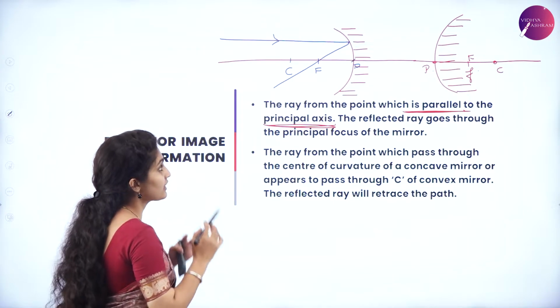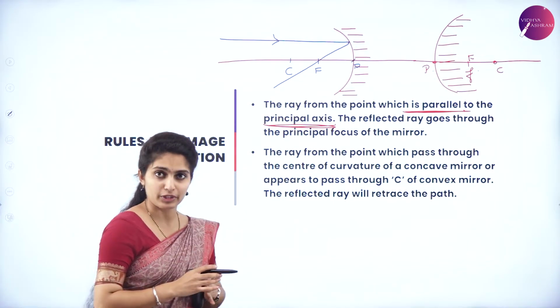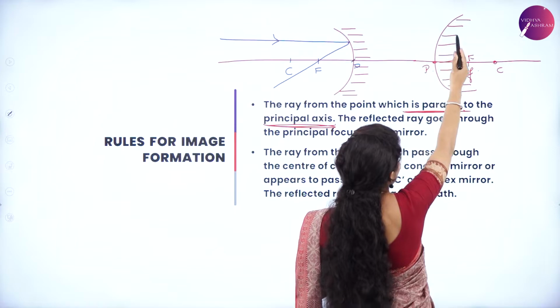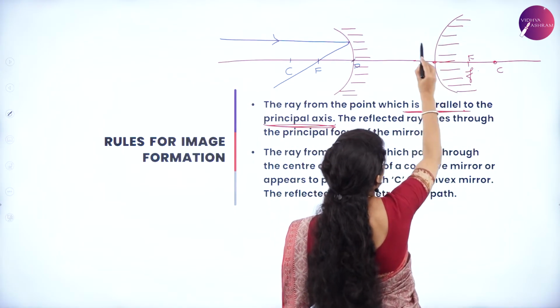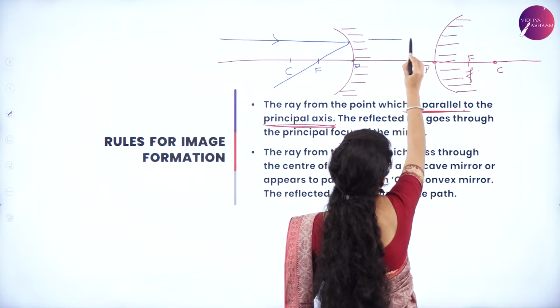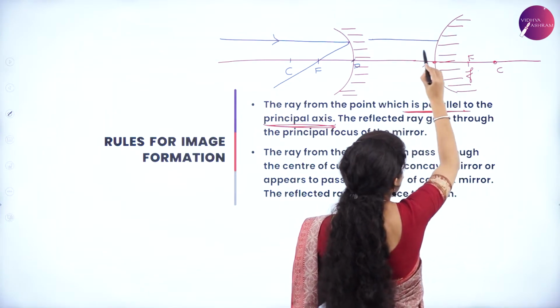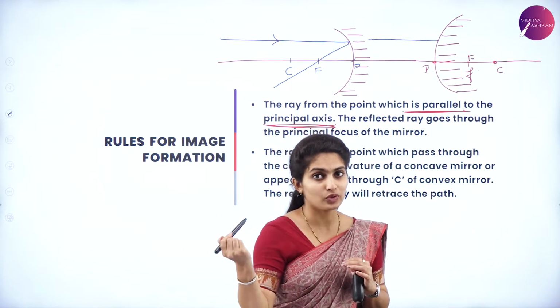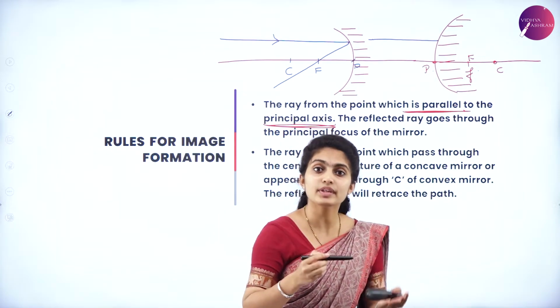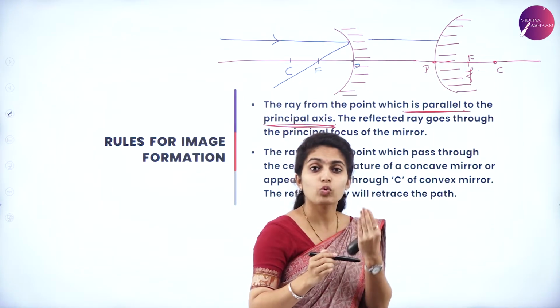When this is the case, how exactly is the image formation done? Since the part of the surface available for reflection is the exterior, the ray comes parallel to it and it has to fall through the principal focus according to the rule. But here in this case, we just imagine the virtual effect.